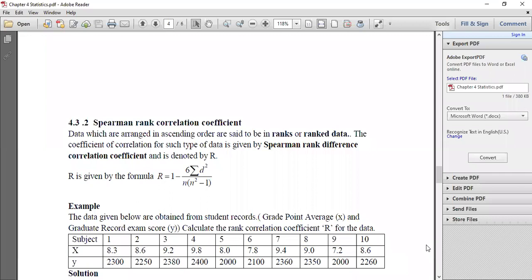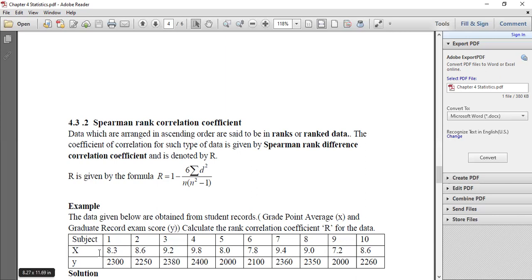Now, for each of these variables, we move from the points and the exam scores to X and Y. So for X and Y, we want to rank all these values of X. We again rank all these values of Y. So it means we start with rank number 1 for X, which will be the highest point.